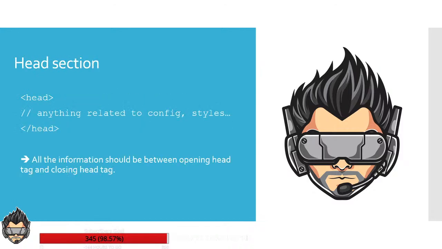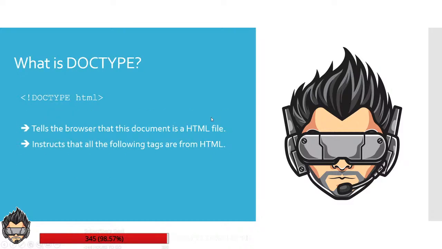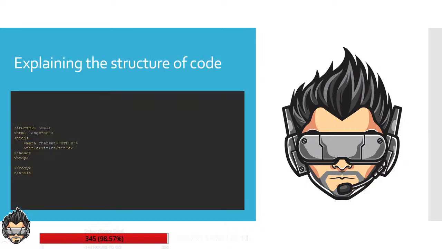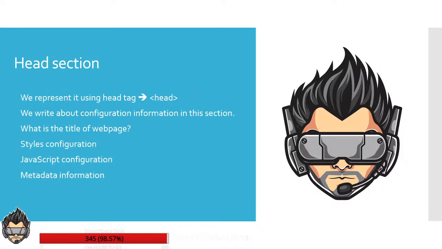Head section: anything related to configuration or styles is written over here. The styles configuration, the JavaScript configuration, metadata information, the title tags, everything is there in the head section. So one among those things is the styles configuration.